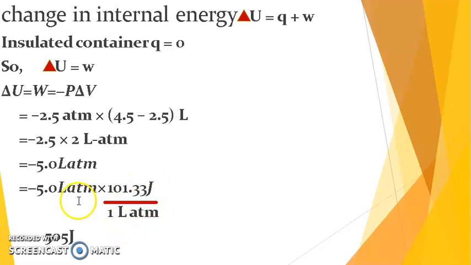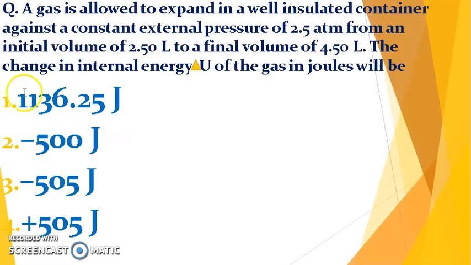If you do this, L atmosphere will be cancelled here, and you multiply these values, you will get 505. Here minus is there, minus 505 joule, correct? So the change in internal energy is minus 505 joule. See the options here, the third option is the correct option for this question.